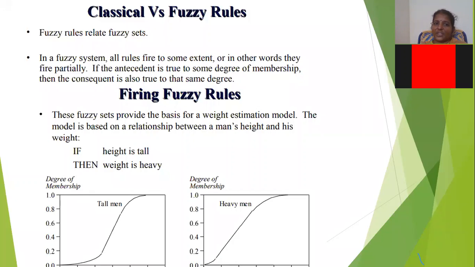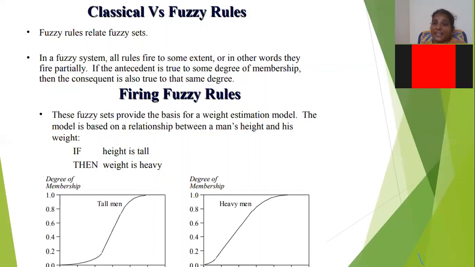Okay. So here these fuzzy sets provide the basis for a weight estimation model. Suppose you are considering a man's height and his weight. If the height is tall, then obviously his weight will be heavy.